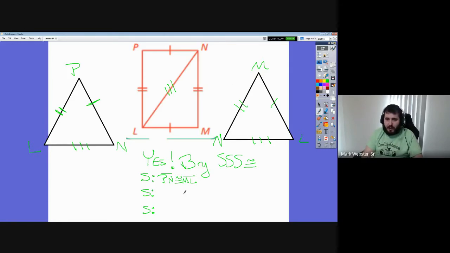PL is congruent to MN. What's my three side? LN is congruent to NL. Right? So, thing number one, congruent or not? They're congruent. How do I know? By side, side, side congruence. Here's my three congruent side pairs that are given to me.